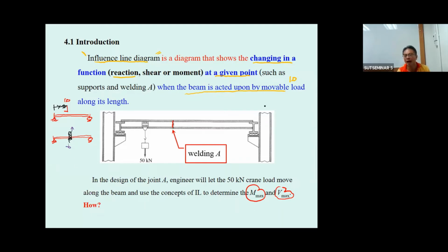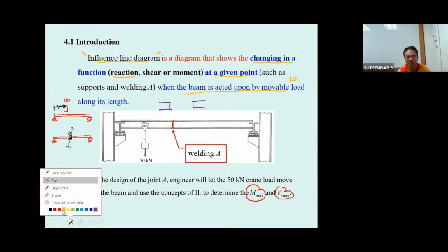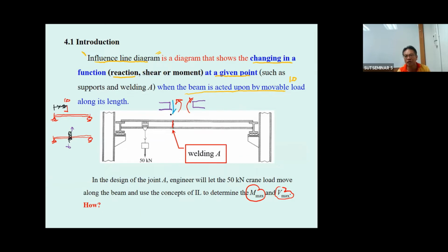Okay, so go back. What is going to be the positive shear? If you cut the section over here, following the sign convention that we studied previously in statics, in mechanics of materials, in the theory of structure, this is going to be positive shear on the left hand side, and this is positive shear on the right hand side.